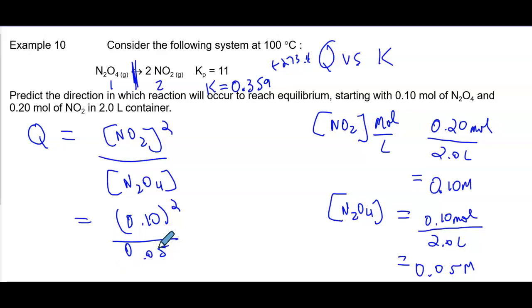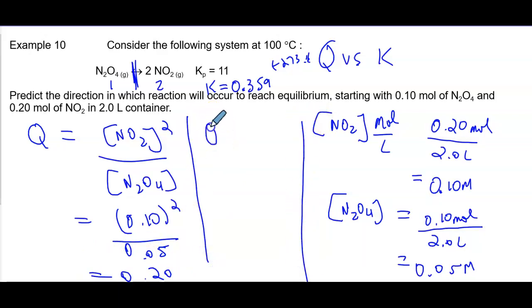So 0.1 squared divided by 0.05, and I get this to be 0.20. So then we're going to be able to look at Q versus K. So Q was 0.20. We know K was 0.359. So then we know this sign would go here.